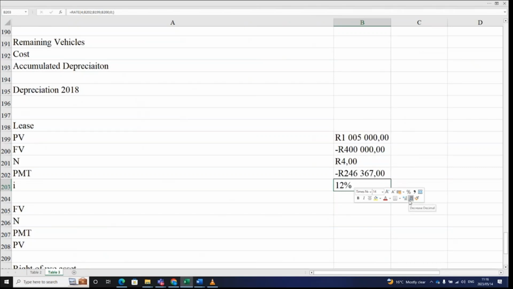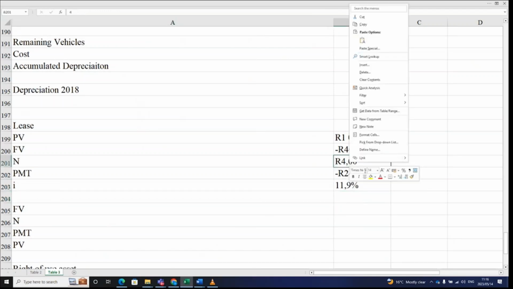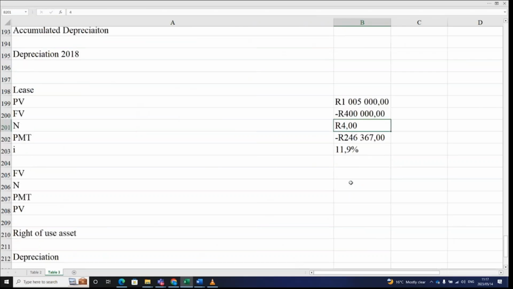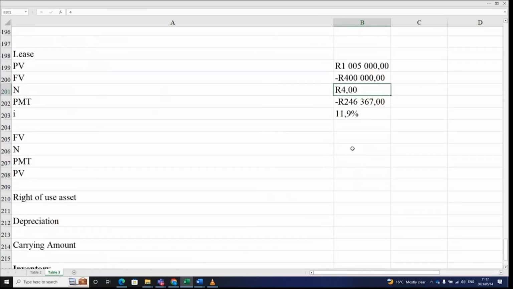But in the solution they got it to 1 decimal place. This over here doesn't matter, it's just a number, like 4, representing the number of years for which the lease is active.